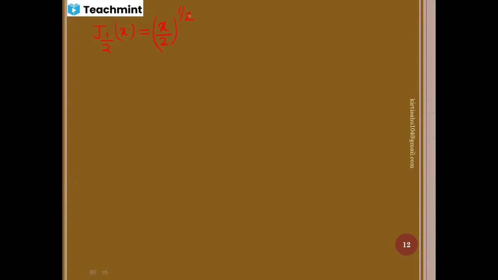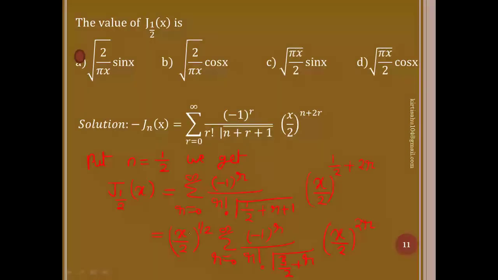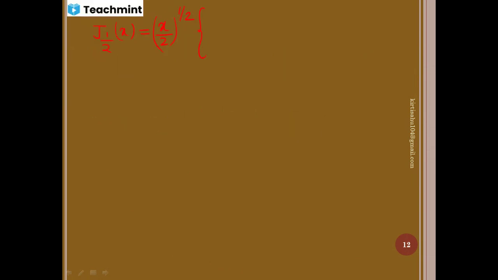Then when I put the sum, put the value r as 0, so we get minus 1 to the power 0, that is 1, gamma of 3 by 2, and x by 2 raised to power 0, so that is 1. So I am having the first term as 1 by gamma of 3 by 2.